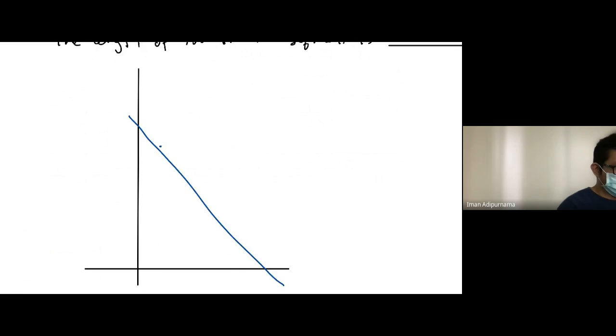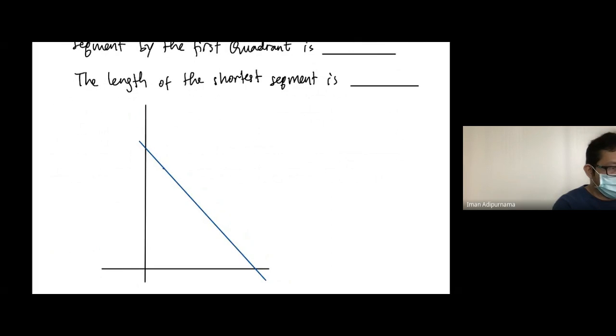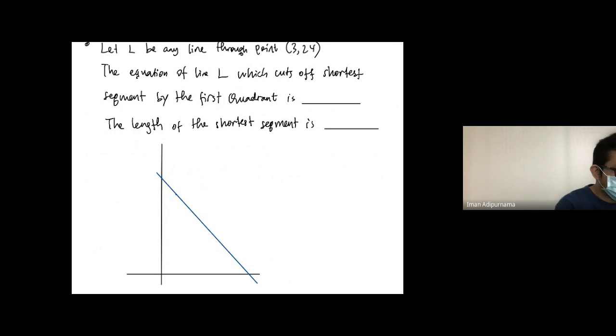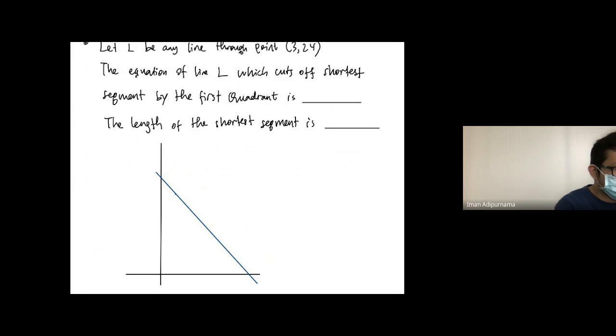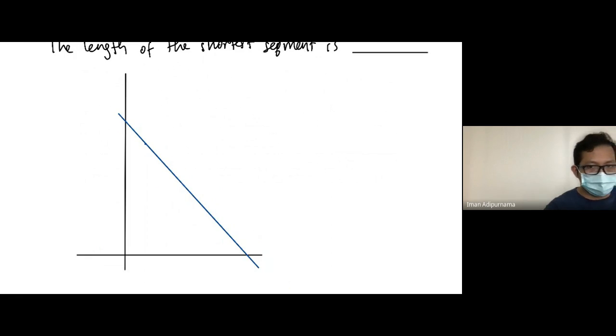Let's take a line. So it cuts off the first quadrant like that. And then what else? The length of the shortest segment. So this is (3, 24), this is L.